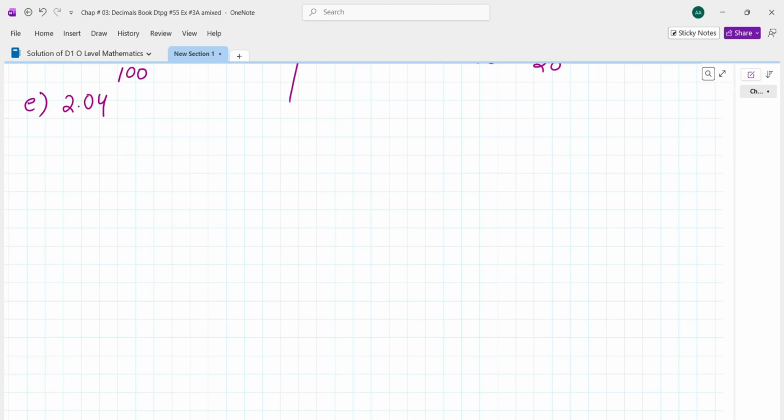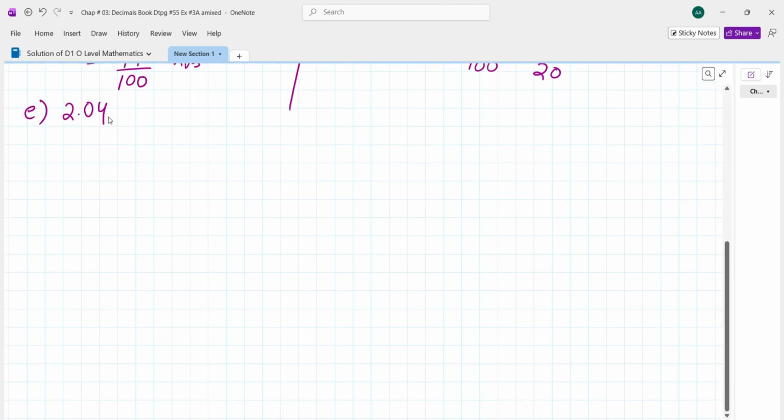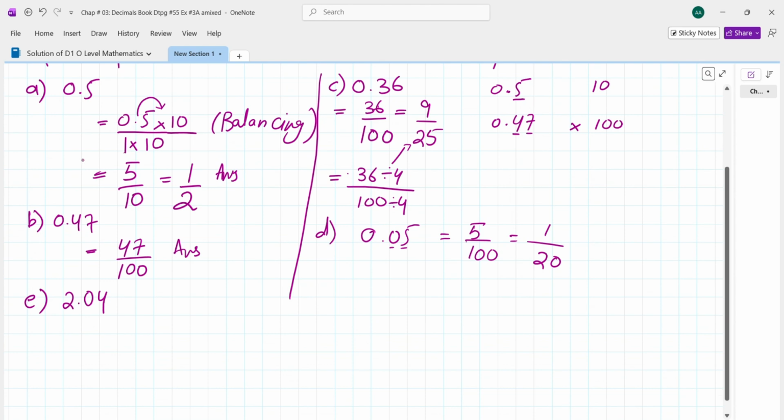Now I have one more question: should we convert this fraction into a mixed number? No, because it is a proper fraction. I hope you know what a proper fraction is: where the numerator is less than the denominator. That fraction cannot be converted into mixed form.